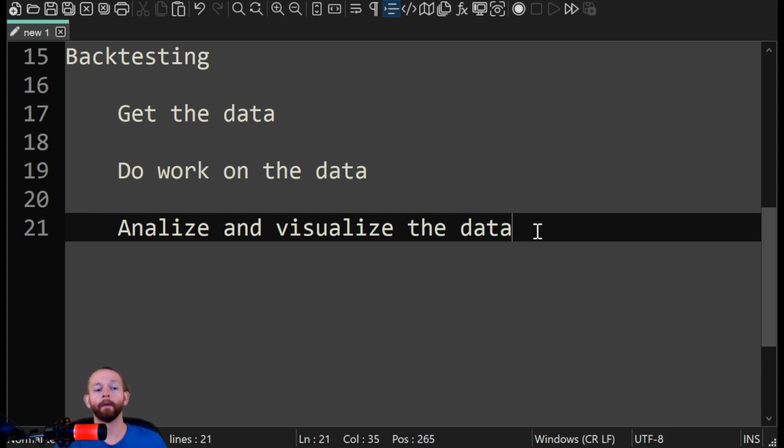Based on the rules that you gave your machine, the algorithm that you programmed, maybe at one point you were up like 200% on something, and then you lost most of it and ended up with a 50% gain, which is good, but you could have got a lot more. Is there anything you could have done to cash out early? There's lots of things to take into consideration, lots of things to look at. So we need a way of analyzing and visualizing the data.